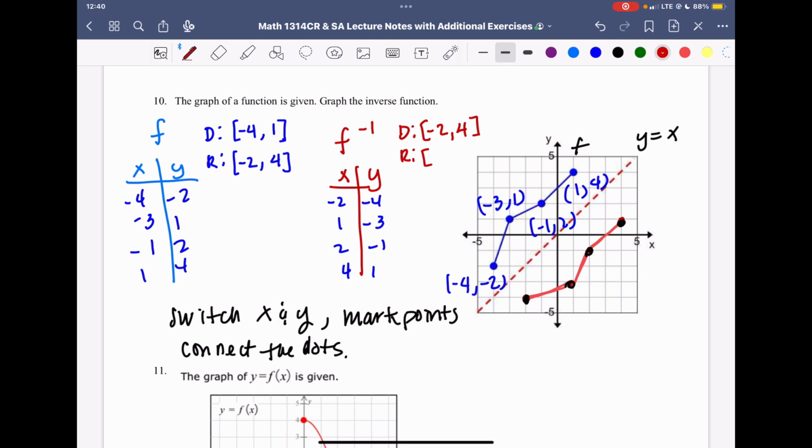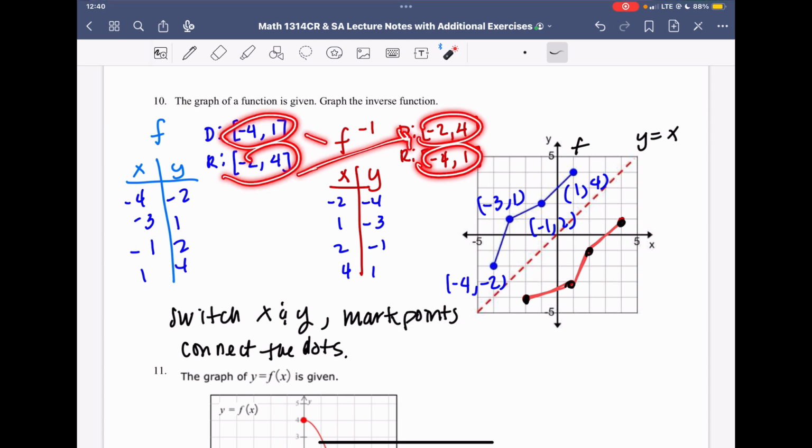And then the range is going to be from negative 4 to 1. So domain and range switch, right?